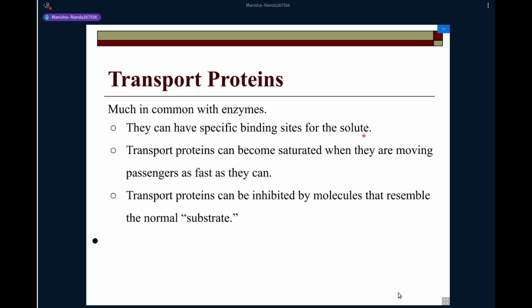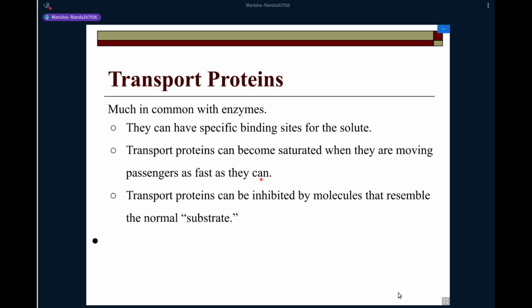But carriers or specific transporters have binding sites for specific solutes, which they are going to carry along with them or transport from the cell interior to exterior or vice versa. So transport proteins can become saturated when they are moving passengers as fast as they can.